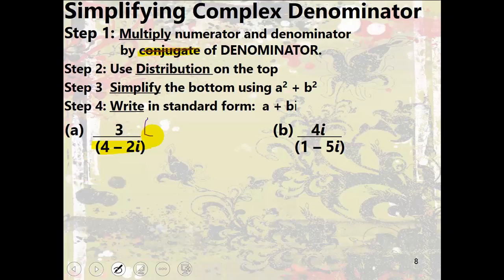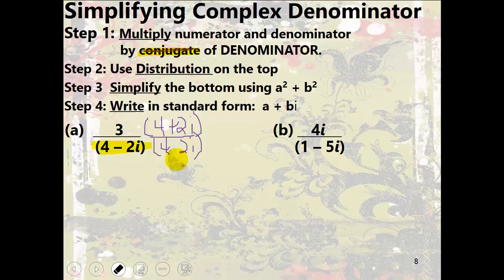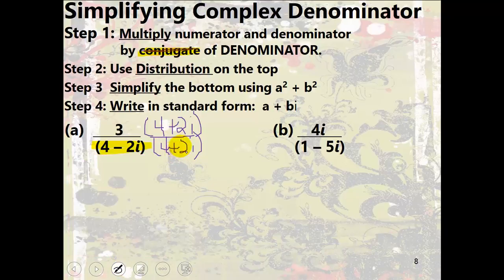So I'm going to multiply the numerator by 4 plus 2i and the denominator by 4 plus 2i. It has to be the same in both the numerator and the denominator. Otherwise you're not multiplying by 1.